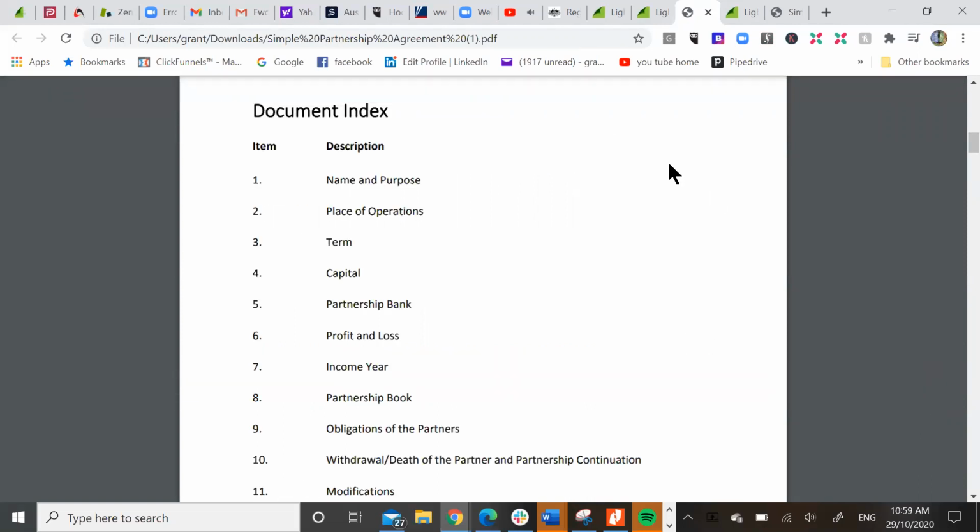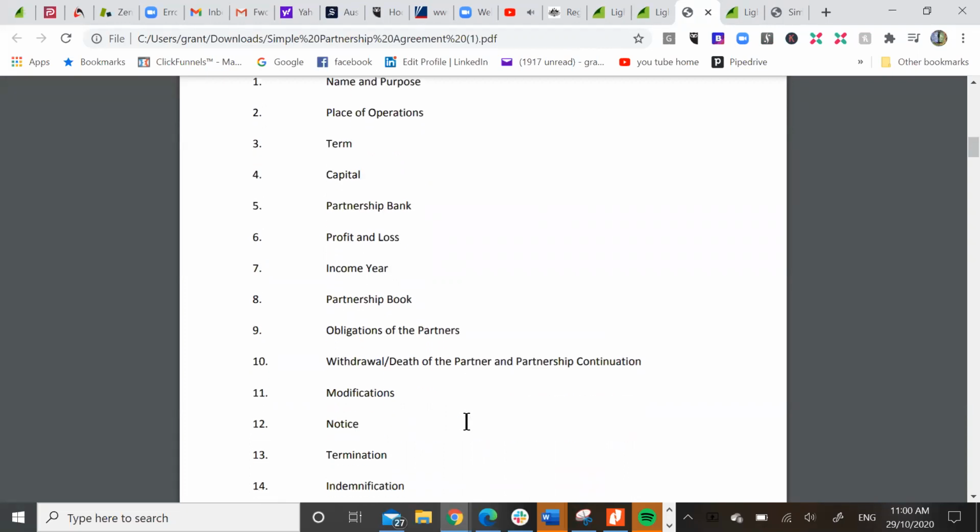So when we have a look at it, the agreement, again, it's an enterprise partnership level. So nothing's simple: name and purpose, place of operations terms, the capital contribution, the partnership bank P&L, how it's to be split, the income year, the partnership book of accounts, obligations of the parties, withdrawal, death of the partner and partnership continuation.